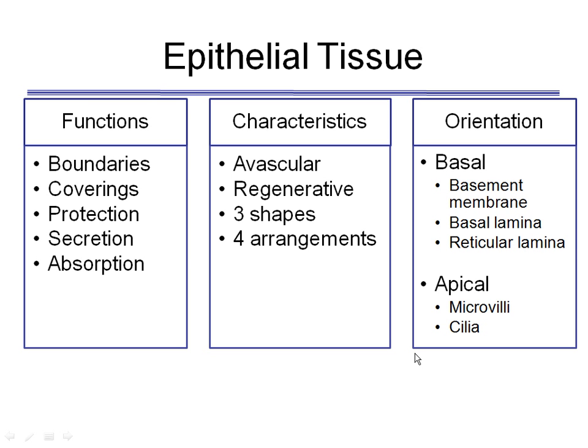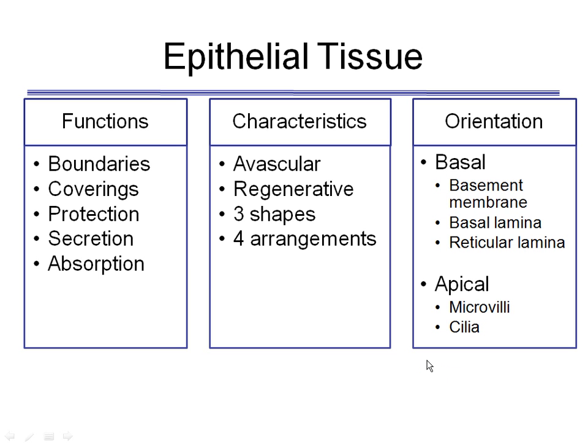So that means it has to be in contact with the blood supply, and it definitely is. The blood supply is immediately underneath the tissue. So you won't find blood vessels inside epithelial tissue. You will, however, find blood vessels immediately deep to epithelial tissue.